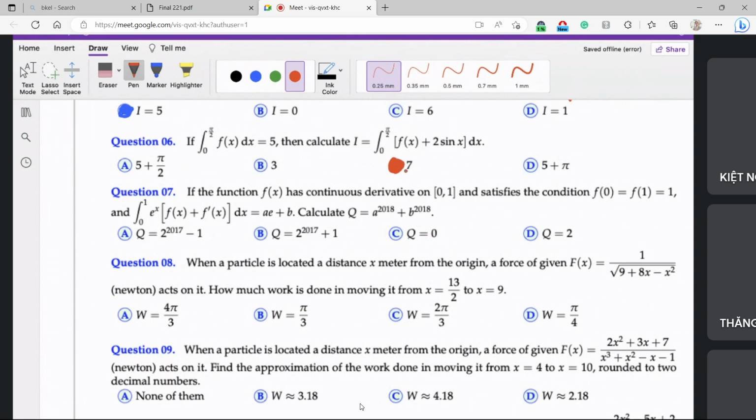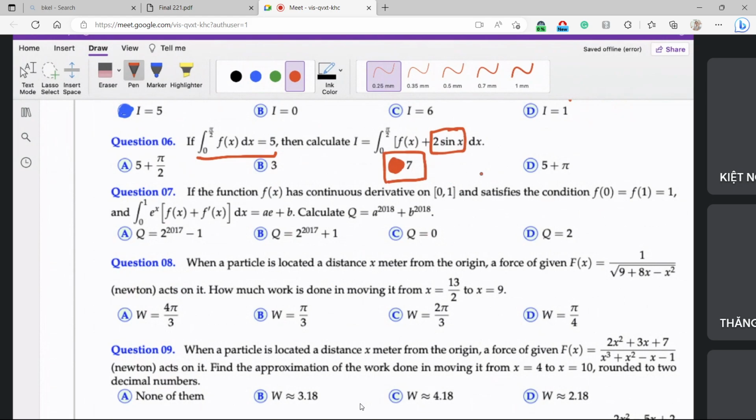Yes or no? Class, please check it again. So here you have the integrals. This integral is 5. So you just have to find the integral of 2 sine x from 0 to pi over 2 and add it with 5. So you have the answer. So it's very easy, right?